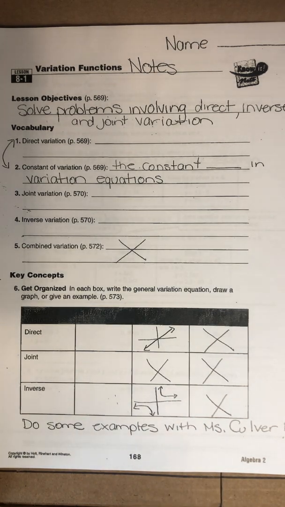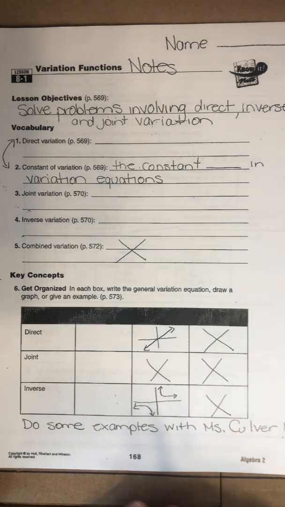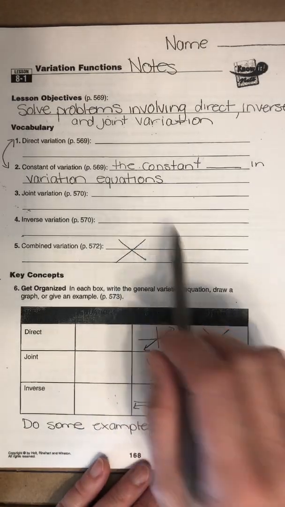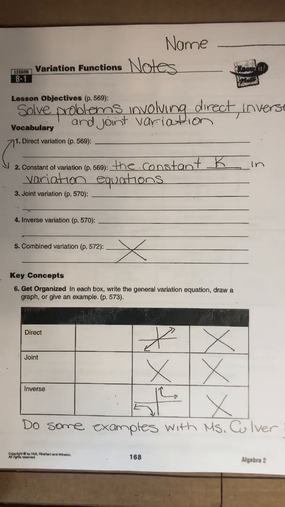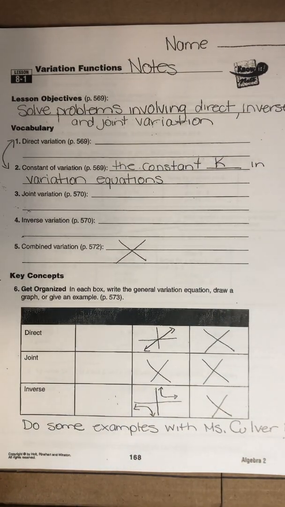So we are first going to look at number 2. As you can see from the arrows there, let's see, the constant k in variation equations. We kind of needed to say that first before we went on to direct variation.